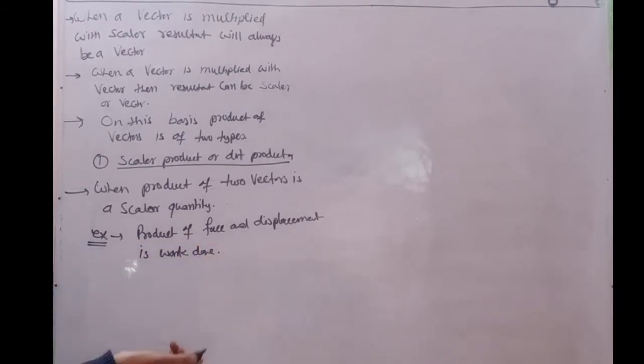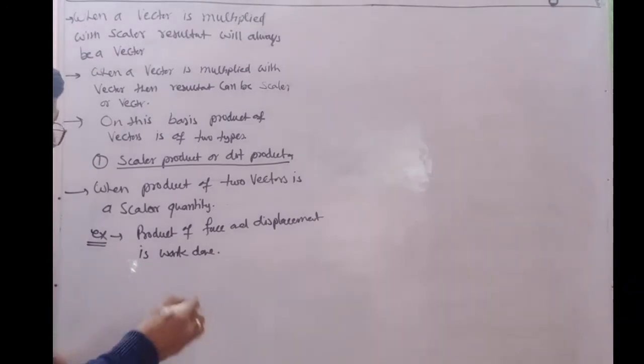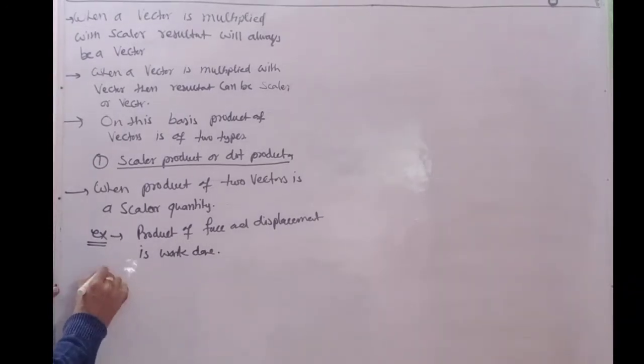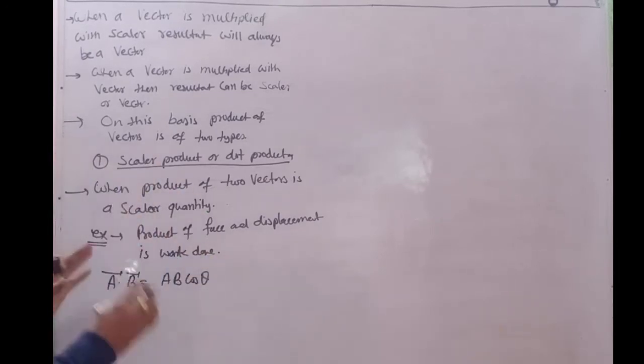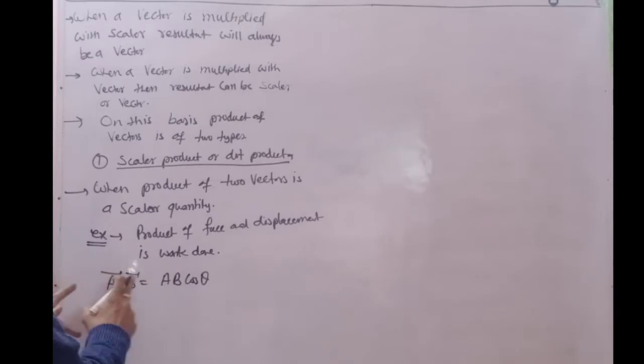And work done is a scalar. So on this basis we can say A vector dot B vector is equal to AB cos theta. This is the formula of scalar product. A dot B is equal to AB cos theta.